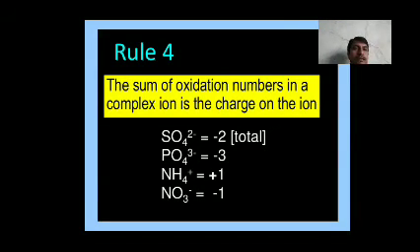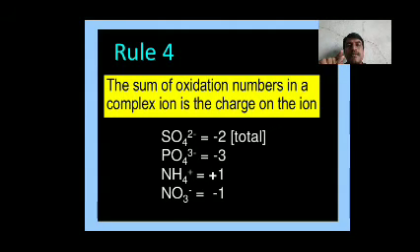The sum of oxidation numbers in a complex ion is the charge on the ion. SO4 2 minus: ion charge minus 2.